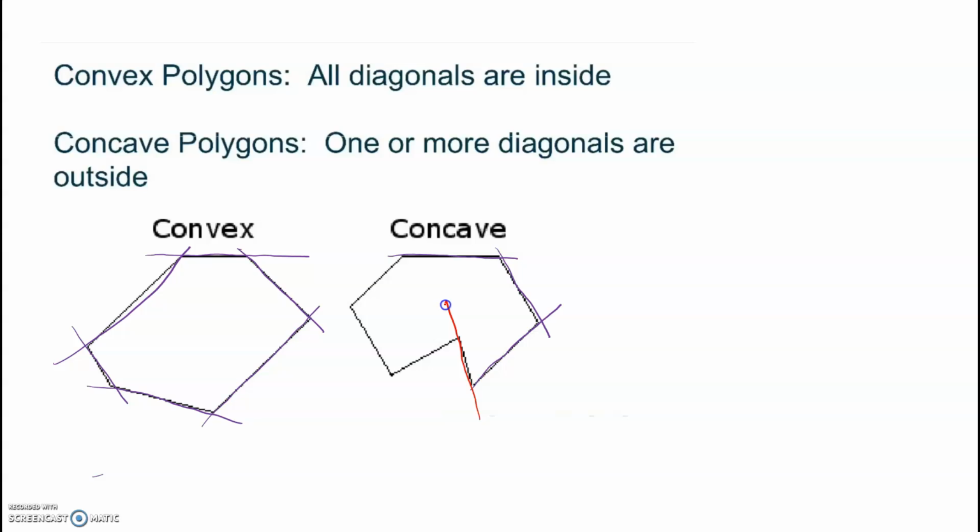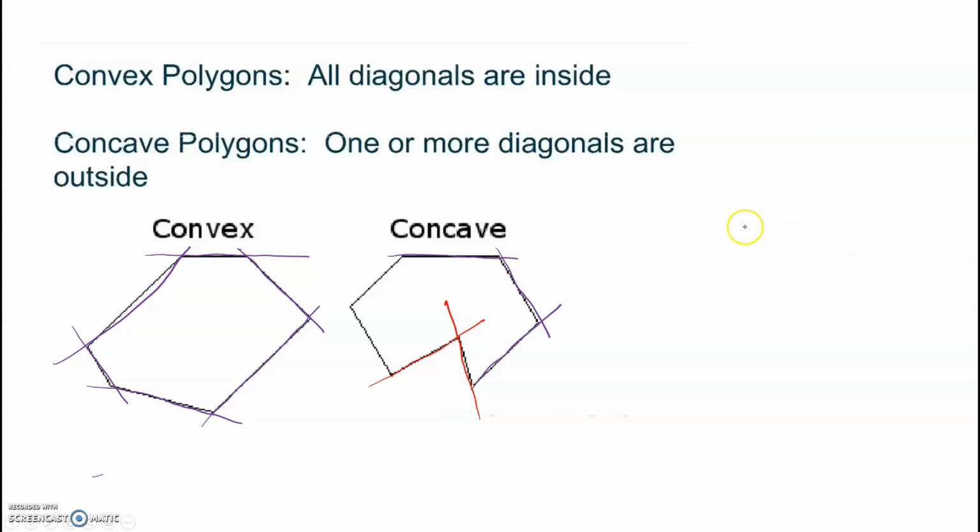Right? So in order for me to remember, I call the inside the cave, right? If it goes inside, concave, it's in the cave. And it also happens over here as well, right? When you trace out this side. So that's the main difference. Look at those diagonals and see if it goes inside the cave or not.